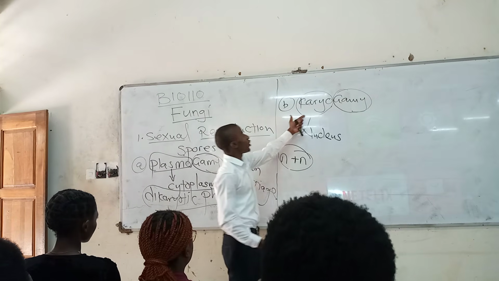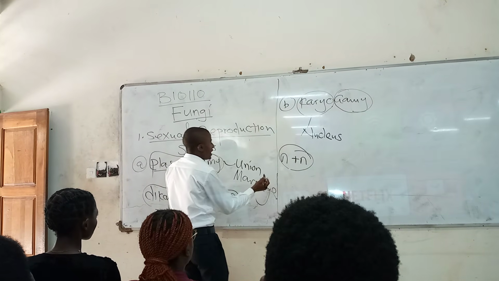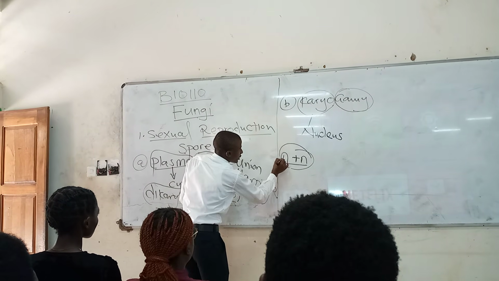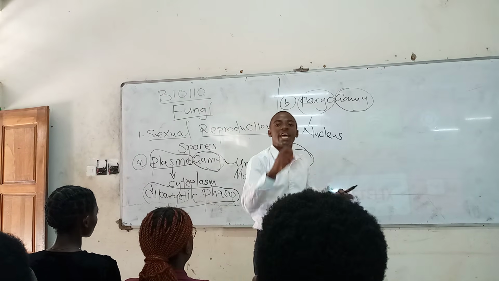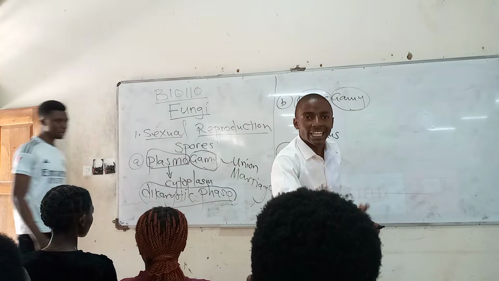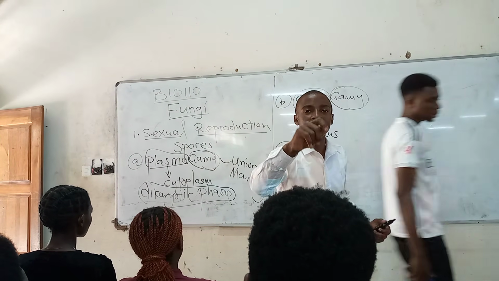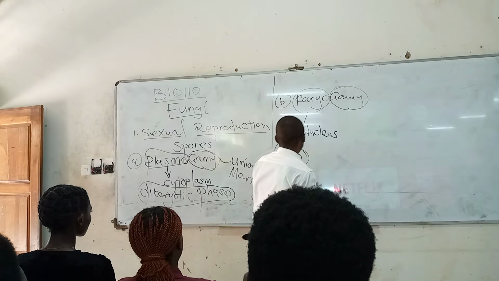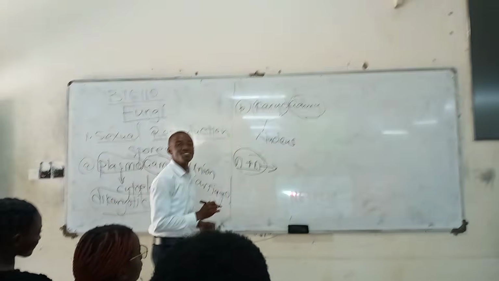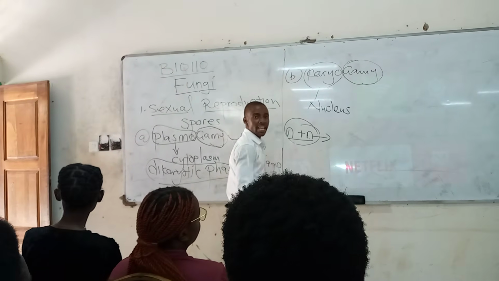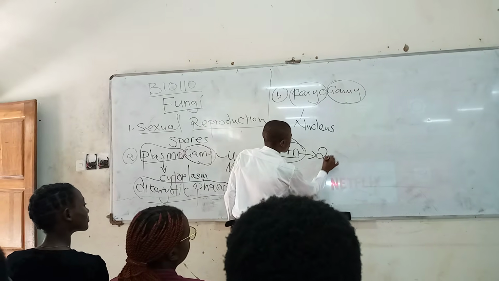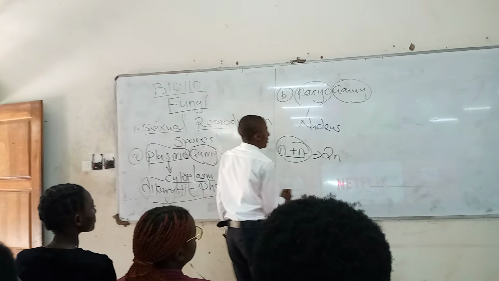So what is karyogamy? That is where these two nuclei are going to completely combine to form a full deoxyribonucleic acid, that is the DNA. So these two are going to combine to form what? Diploid. That is it, diploid. Is it making sense?